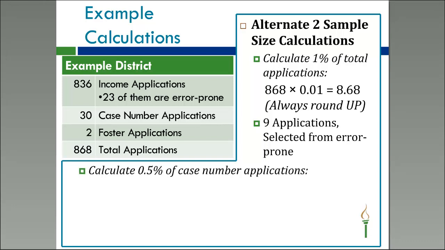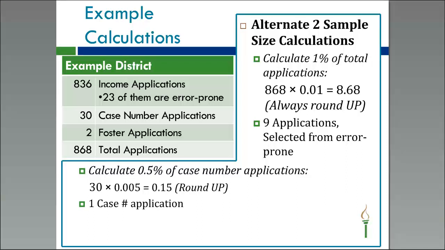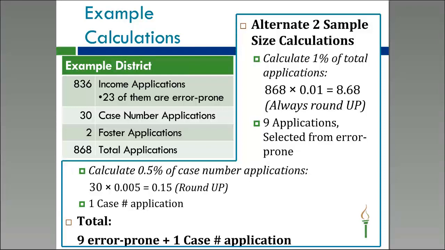Then in addition to that, we have to calculate 0.5% of the case number applications. So we take the case number applications, right here is 30, and we multiply that by 0.005. That gives us 0.15, and again, we always round up, so we have to verify 1 case number application. So in total, we have 9 error-prone applications plus 1 case number application.